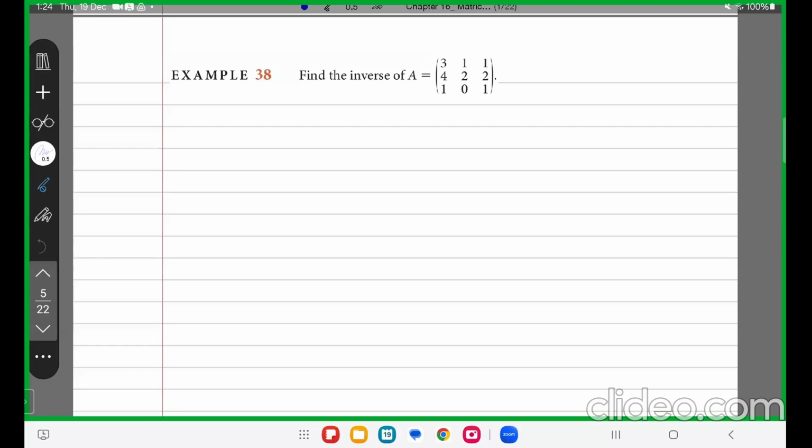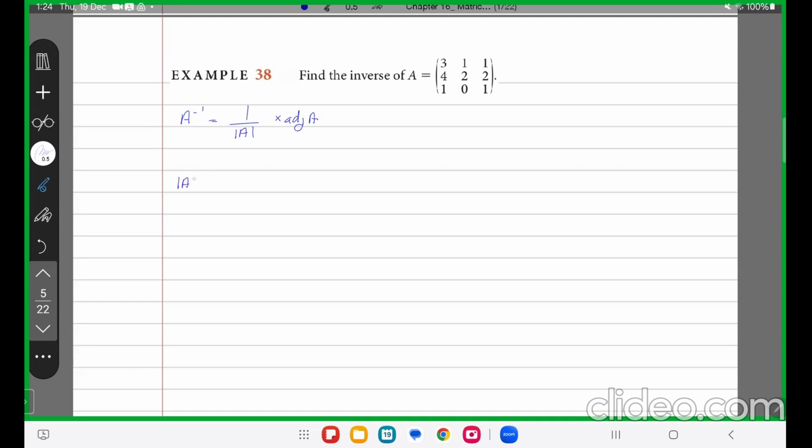All right, so example 38. In example 38, we're asked to find the inverse of matrix A, and A inverse is 1 over the determinant of A times adjoint A. So let's start by finding the determinant.